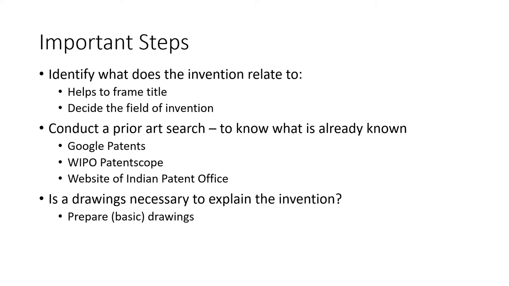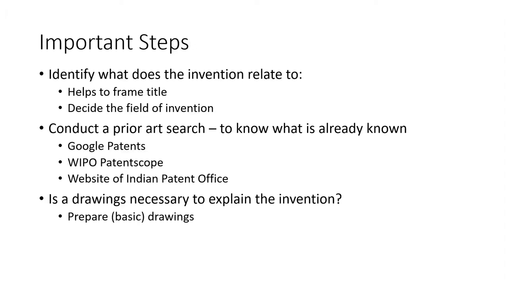It's somewhat like doing a Google search. There are various free platforms like Google Patents. There is the WIPO Patentscope website. Then there is the website of the Indian Patent Office. If you are restricting your prior art search only to the Indian jurisdiction, you can go to these websites and put in the keywords of your innovation.